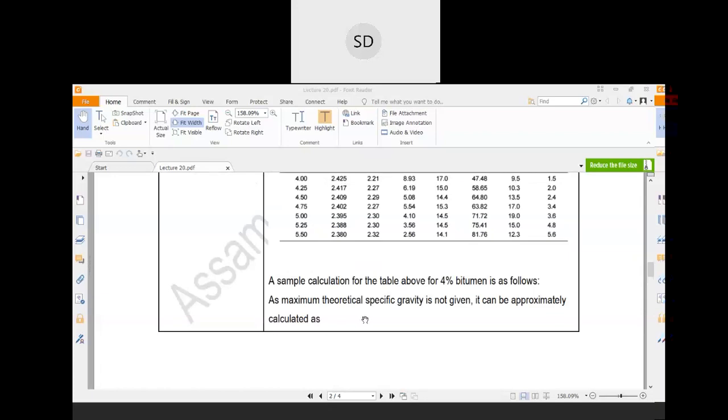You have to find it by a vacuum test, by pouring water into it and constantly vacuuming it to remove any air bubbles from that portion. So all these air bubbles will be occupied by the water. In that case, you can find the absolute volume or maximum volume of the mix.